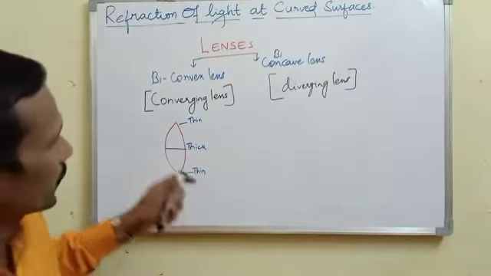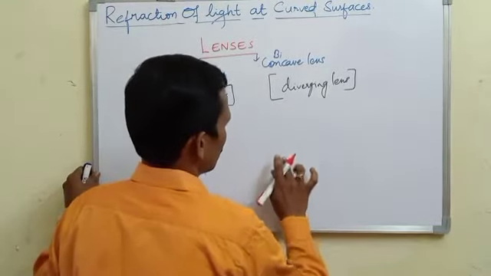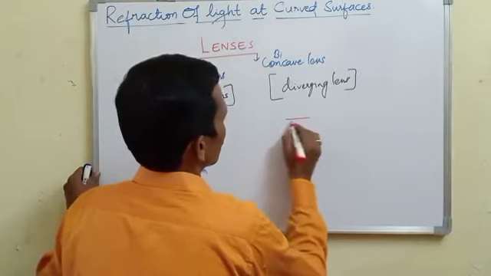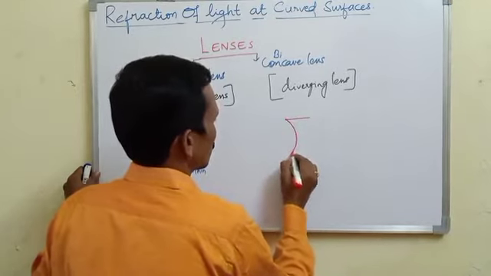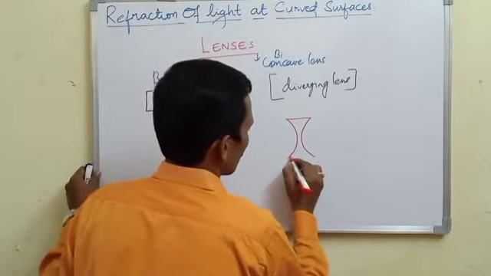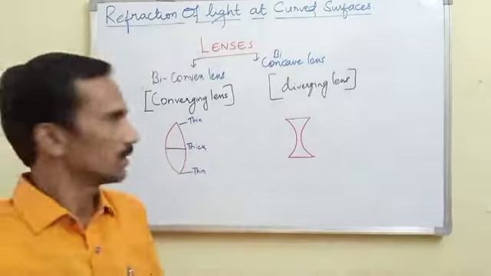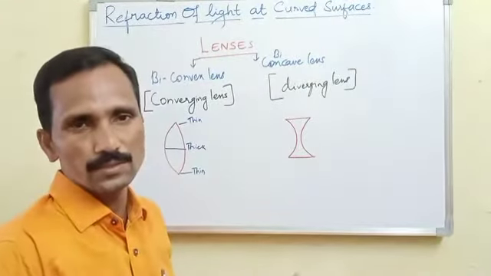And how is the biconcave lens? This lens is curved inwards. What is the shape of this?